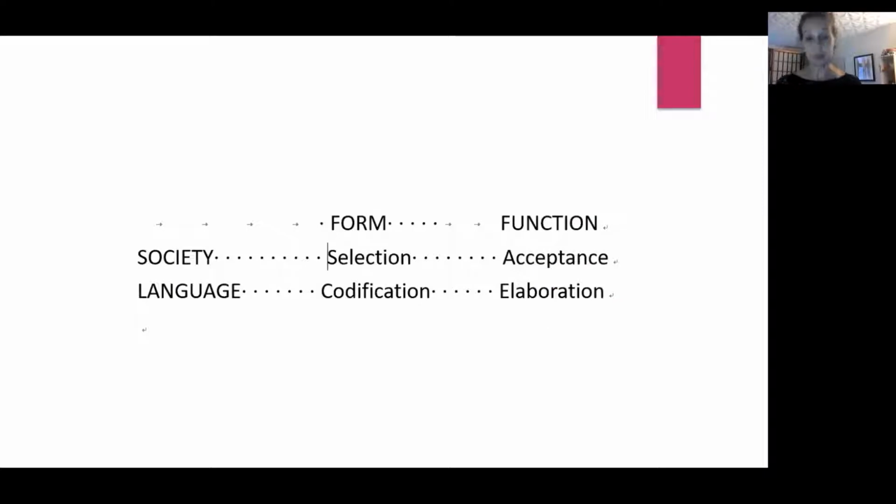So this is a graph of the matrix form, where the selection of the norm as well as the acceptance is on the level of society, and codification and elaboration is on the level of the language, whereas codification refers to the form and elaboration to the function of the language within society.